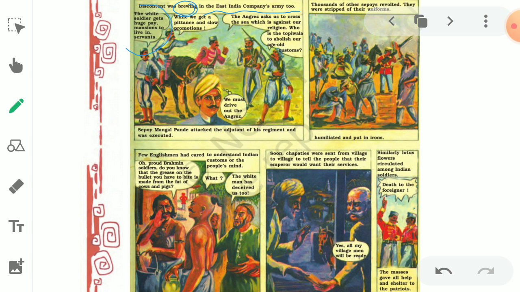Here you can notice the white soldiers get huge pay, mansions to live in, servants. So white soldier is referring to British people who got jobs in this army. So they got huge salaries, the payment, and mansions, the houses which are provided to live with their families.